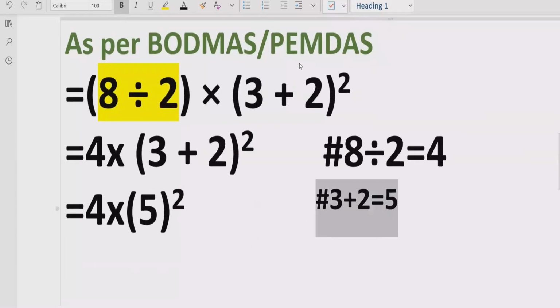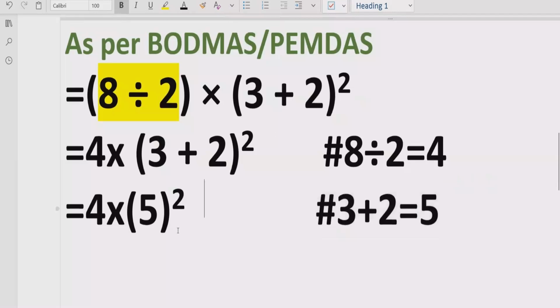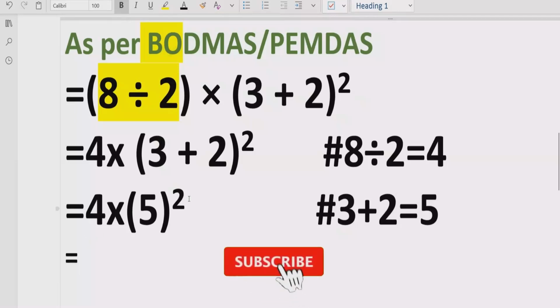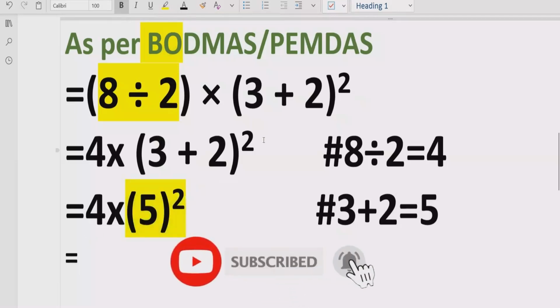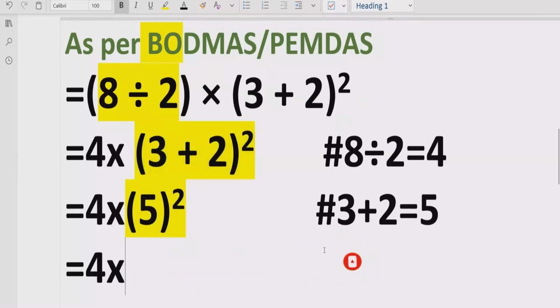Now move forward. We have solved all brackets, so now we will move forward to step number 2, which is the exponent part. Here we have one exponent part which is this one, 5 raised to power 2. So 5 raised to power 2 means 5 multiplied by 5, which equals 25.